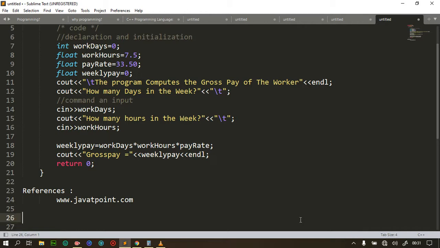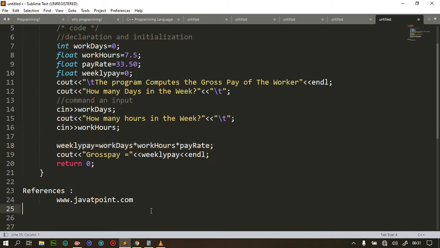Somewhere in our example, on line 18, we did something. We said weekly pay was given as work days times work hours times pay rate.